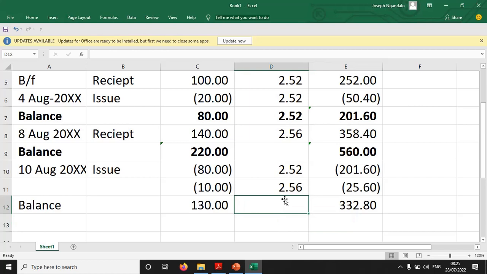And I think we can now try to check if the price is 2.56, right? Can we check? Multiply this 130 by 2.56. How much are you getting?